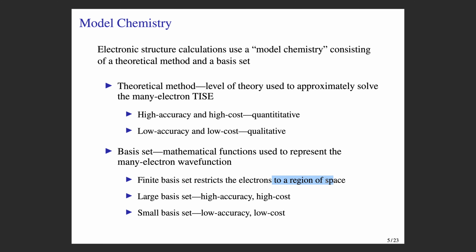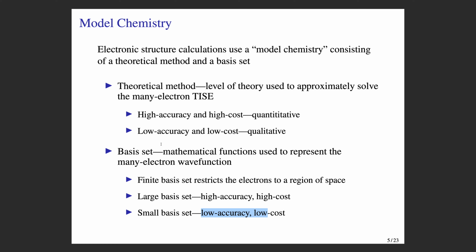And so that ultimately limits the accuracy of the method. The more functions you include, okay, so the larger the basis set, the more functions that are in the basis set, the higher the accuracy of the method, but also the higher the cost of the method. If you use a small basis set, you'll wind up with low accuracy, low cost.